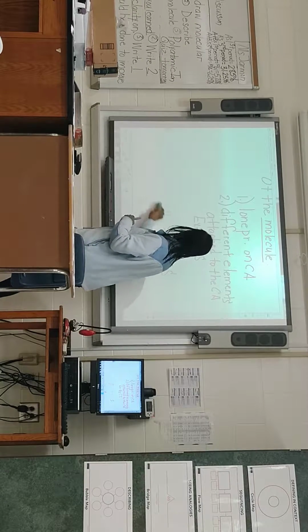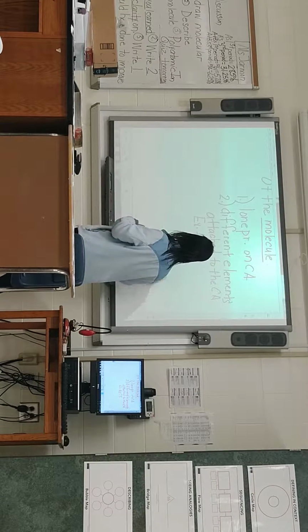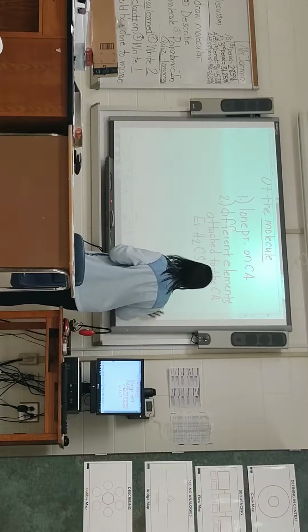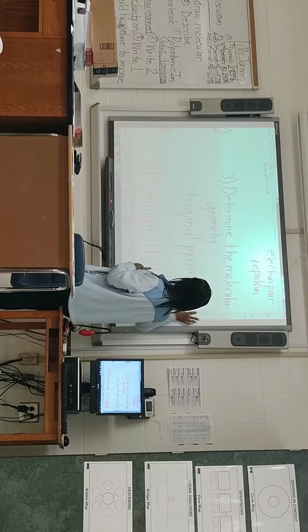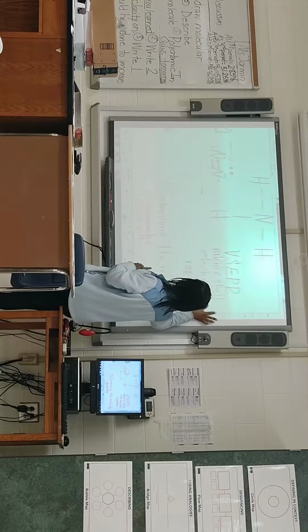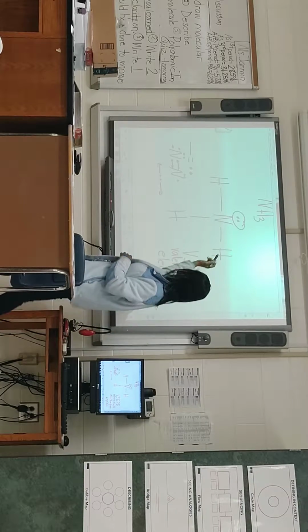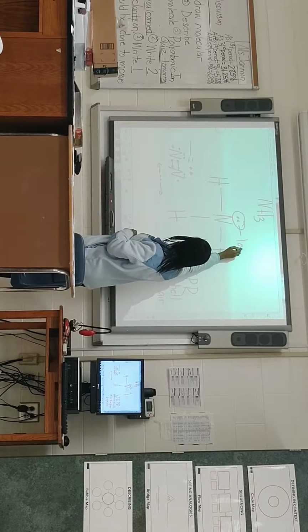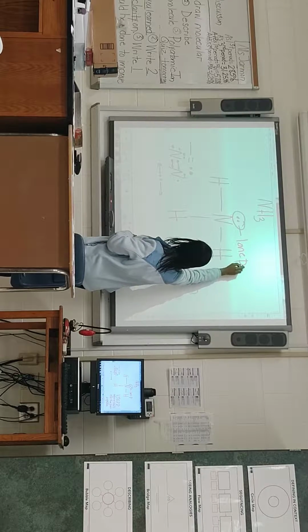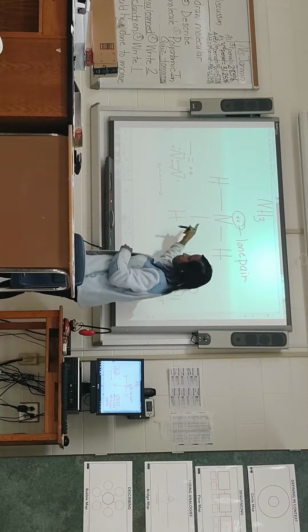So let's go back to our problem we're currently working, which is NH3, and you tell me, is this a polar molecule or a non-polar molecule, based on what you see? It is polar. How do you know? It has a lone pair attached to the central atom.